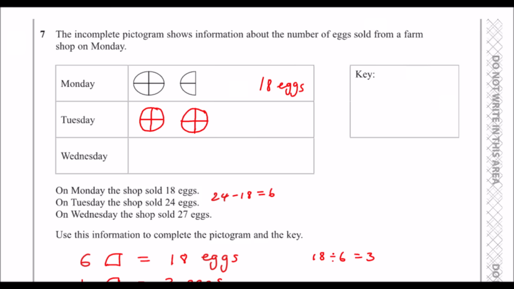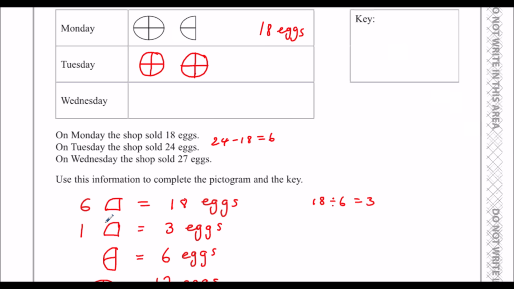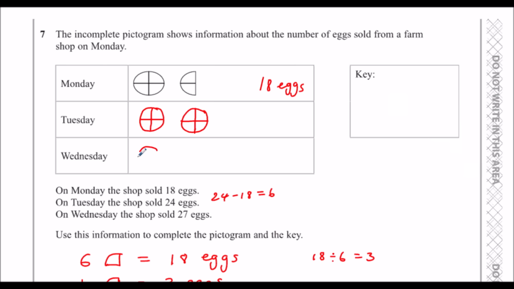And on Wednesday, it's 3 more again. So 3 more than Tuesday, and that's another quarter. A quarter is 3 eggs. So we're going to have 2 whole circles plus an extra quarter. And we need to write the key as well.